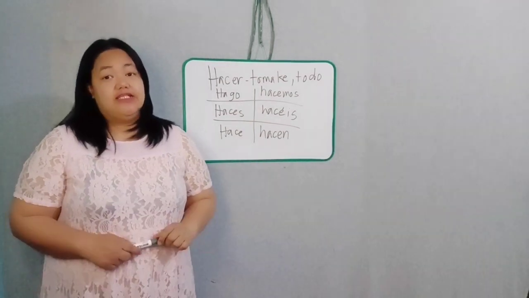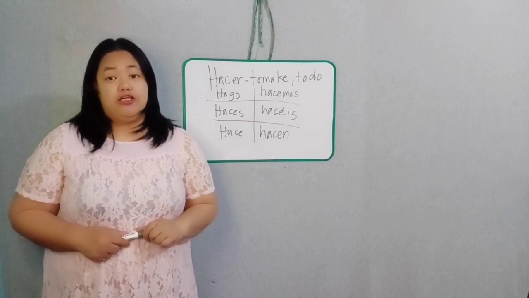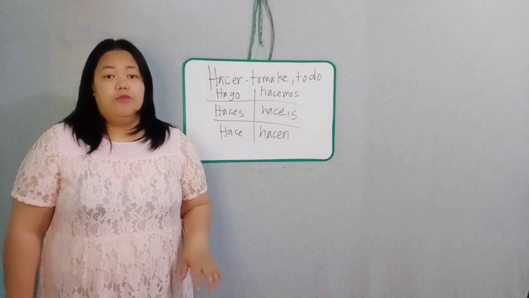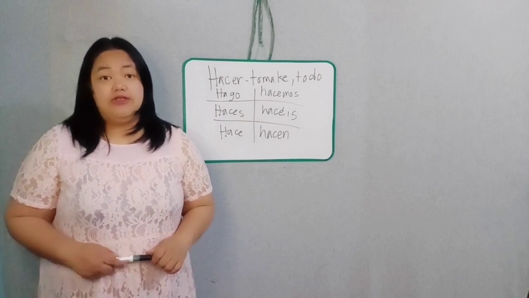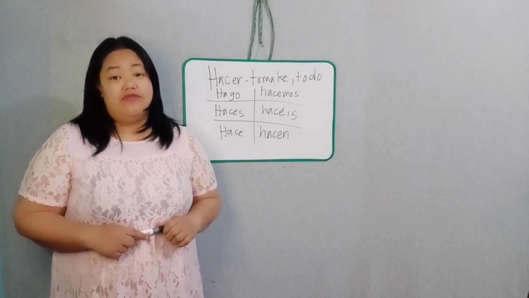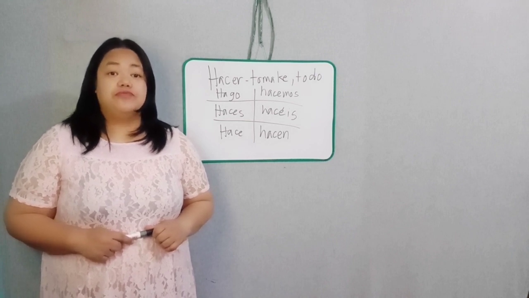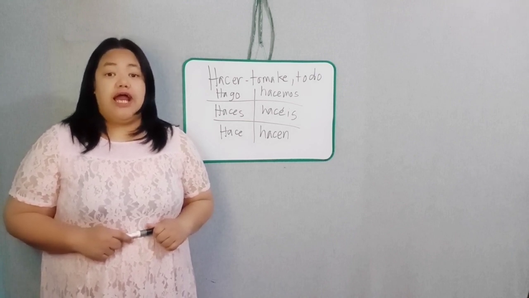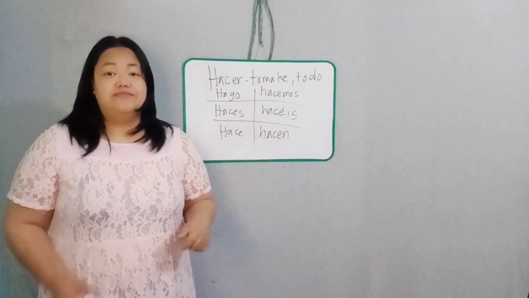Let me give you sentences using the verb hacer, and of course you can conjugate the rest for practice. We have yo hago la tarea todos los días. This means I do my homework every day. Next, we have él hace la cama todos los días. He makes the bed every day.